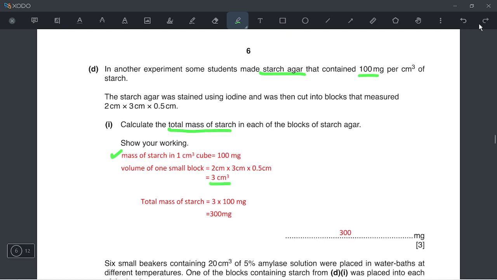So it comes to 3 cubic centimeter. So total mass of starch you can multiply. Since the mass of starch in 1 cubic centimeter cube is 100 mg, then in 3 it will be 300 mg. So this you can write here.